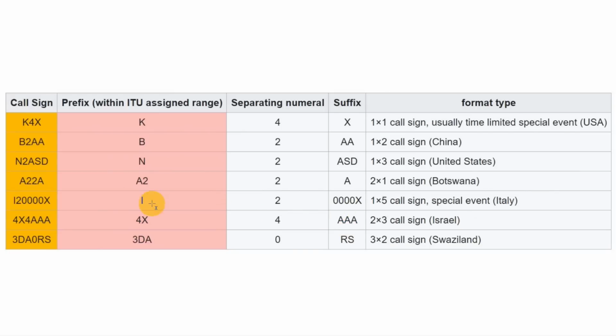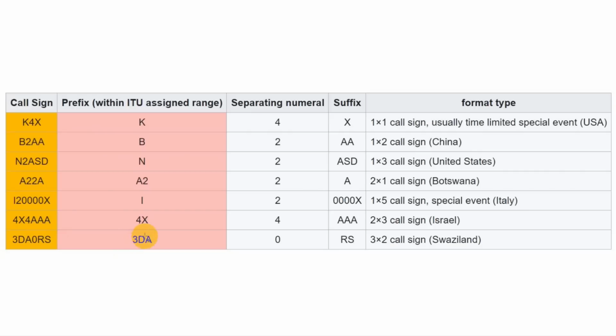Now, why did a country like Israel end up with sort of a bottom-of-the-list call sign? It's because Israel became a country, I think in 1948, long after all of the earlier call signs were given out. Now, here's another one, 3DA0RS.